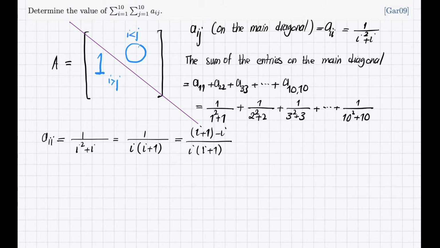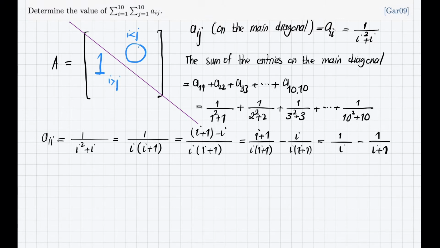Yes, but then I can write it as i plus 1 divided by i times i plus 1, minus i divided by i times i plus 1. And then here you see that this i plus 1 and this i plus 1 are gone. What is left for me is 1 over i minus 1 over i plus 1.